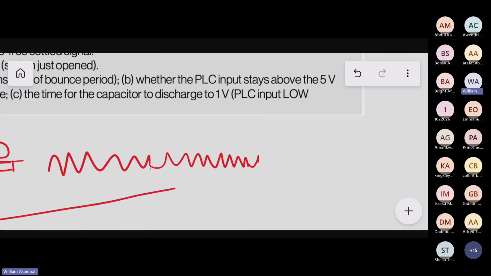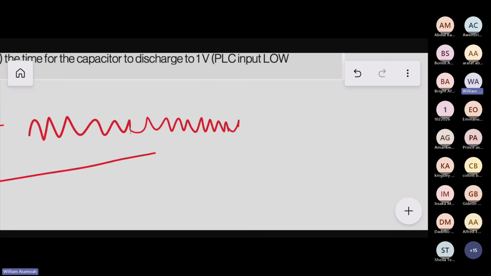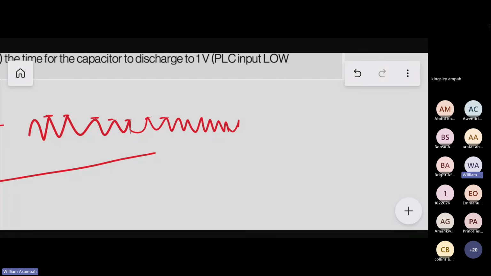Now, imagine we have a PLC and we've programmed the PLC that if the signal goes on, do something. Then because of the spring, it is just going on and off, on and off. What do you think will happen?